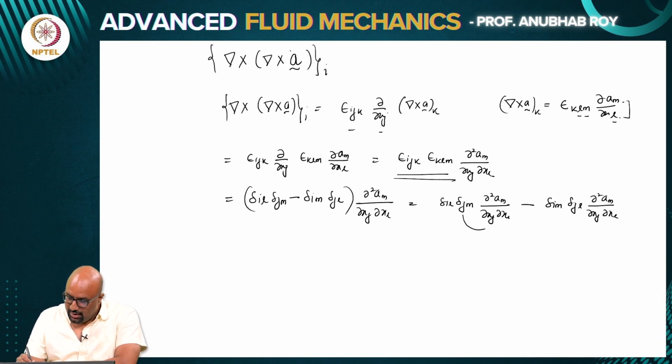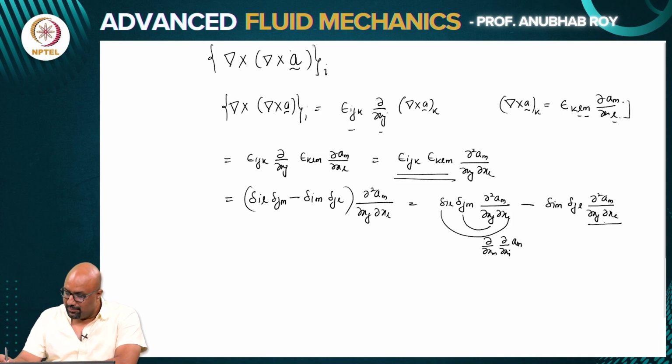So, here I will replace j with m because delta jm dou xj becomes dou xm and delta il dou xl becomes dou xi. So, this is what the first term is.